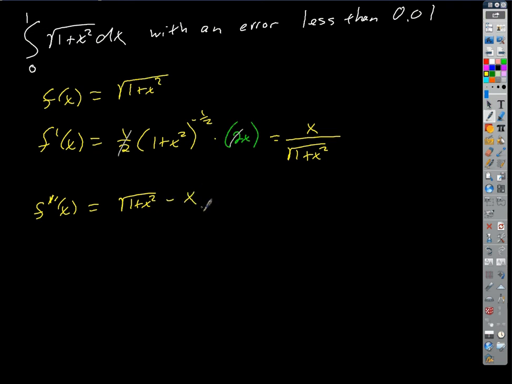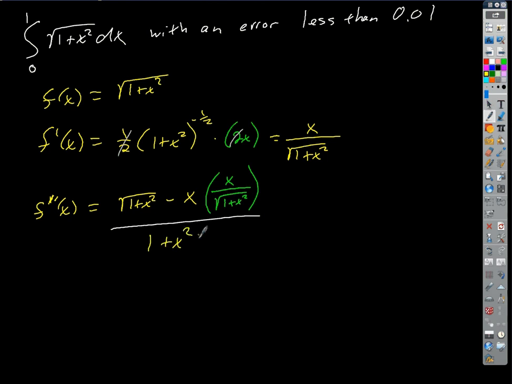Minus high times d low, which we already did, didn't we? The derivative of the square root of 1 plus x squared is that, right? We already did that in the first step, okay? Okay, all divided by the bottom squared, right? Which means that would be 1 plus x squared, good.